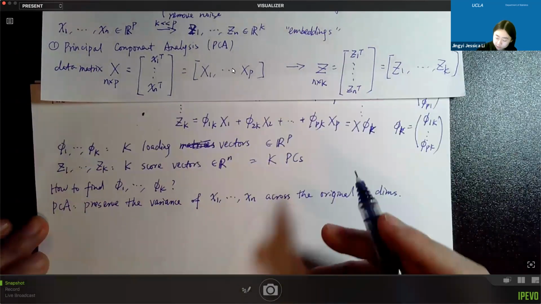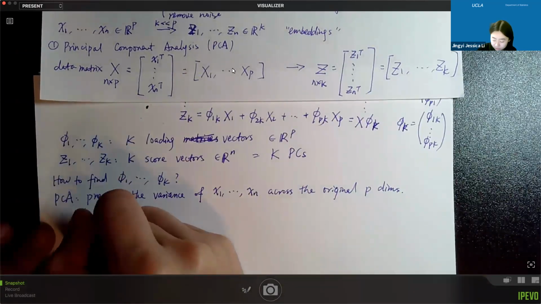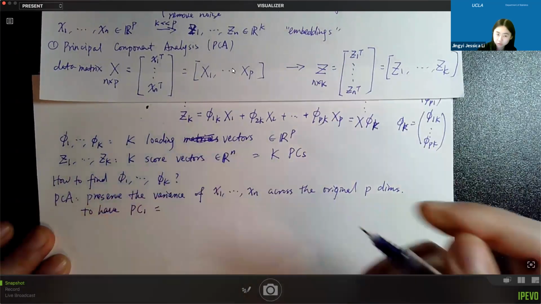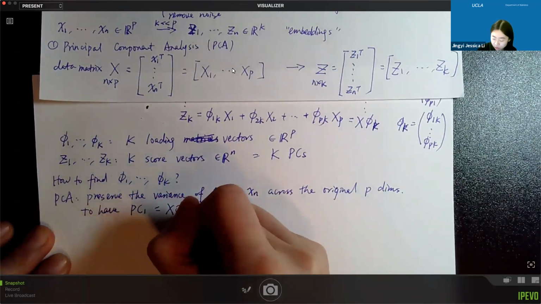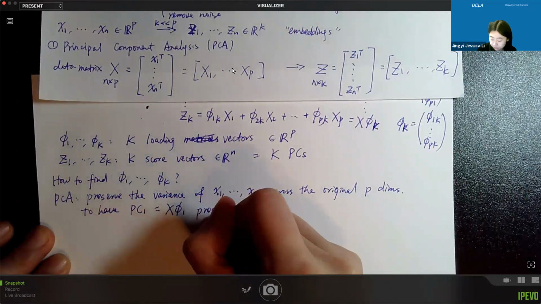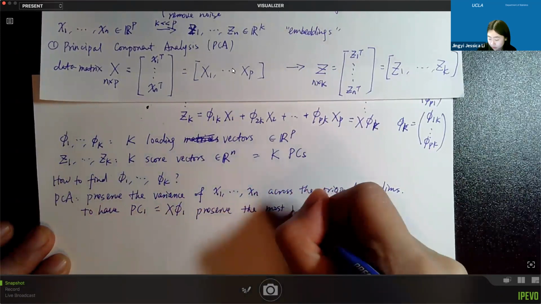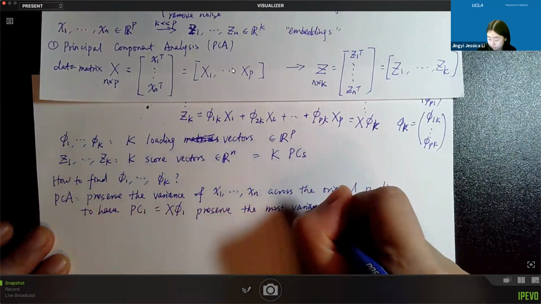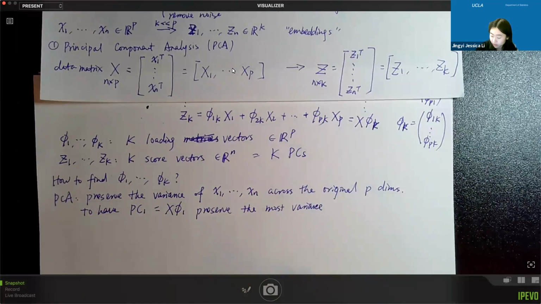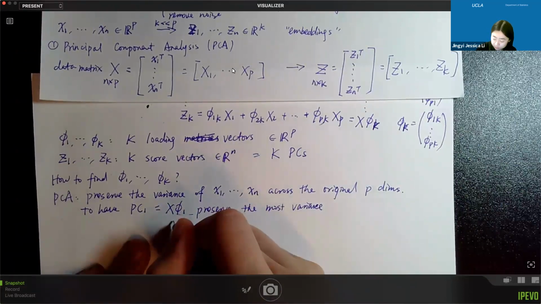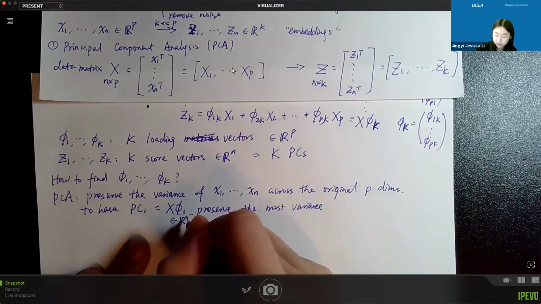Okay, so the goal of PCA is to have PC1, which is equal to X times phi 1, preserve the most variance. And we know this X phi 1 itself is an n-dimensional vector.